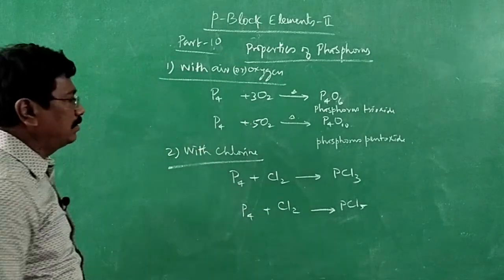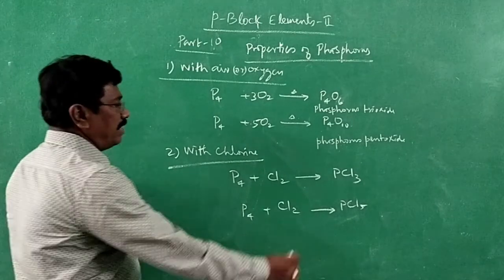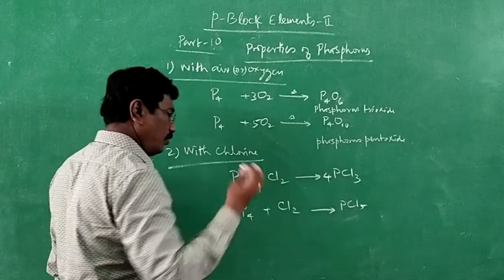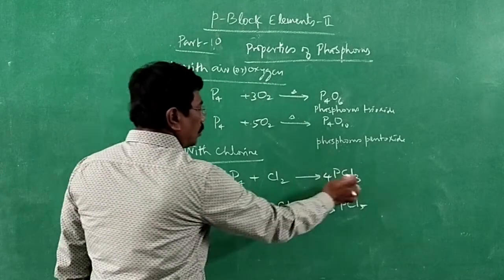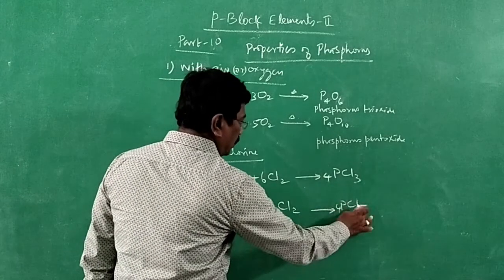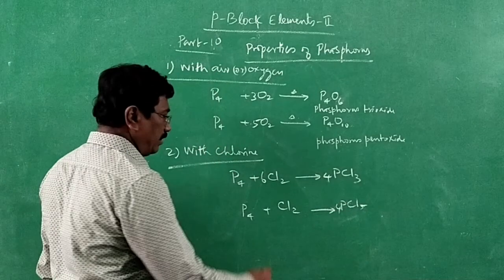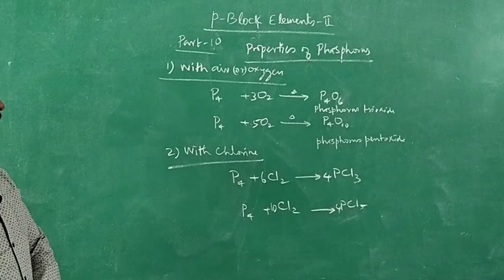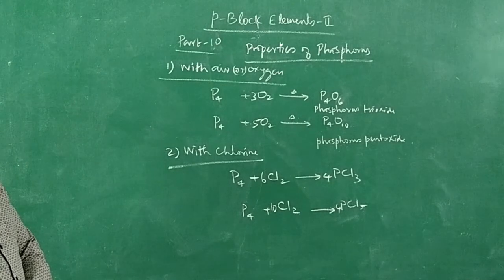So how to balance the equation? 3, 2. Moreover, we have P4 here. Let me put 4 first of all, so the problem may be solved. 12 chlorine, therefore 6Cl2. P4, therefore 4; 4 into 5, 20, therefore 10. That's all. With chlorine, it forms phosphorus trichloride and phosphorus pentachloride.